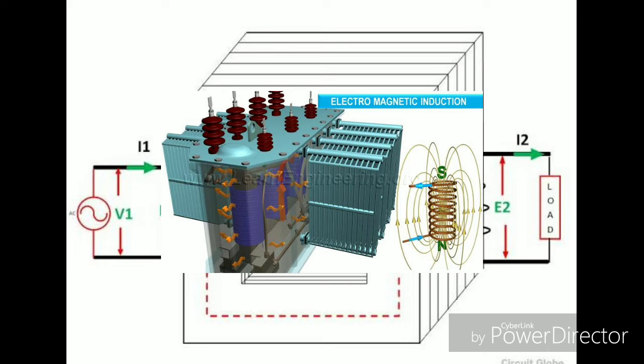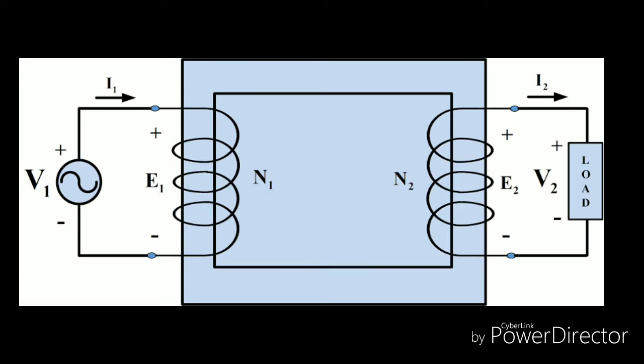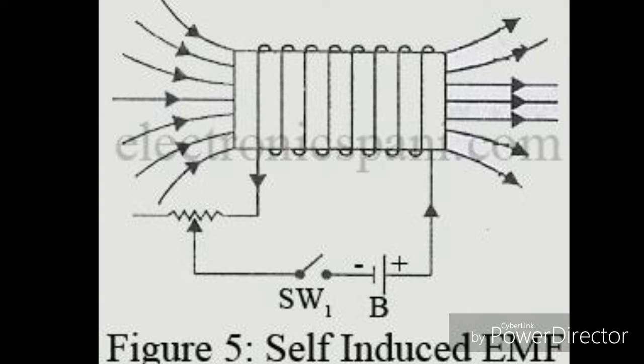Mainly, a transformer works on the principle of mutual induction. So when we apply voltage and current flows through the primary winding, induced EMF is generated, and by Faraday's law it is induced in the secondary winding and generates an EMF of E2.